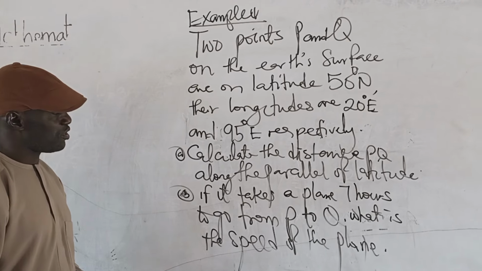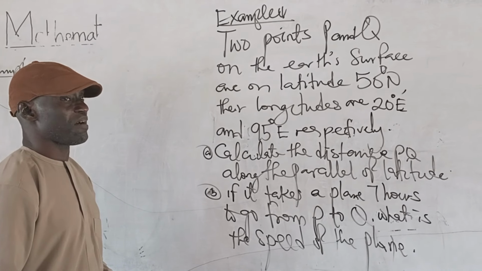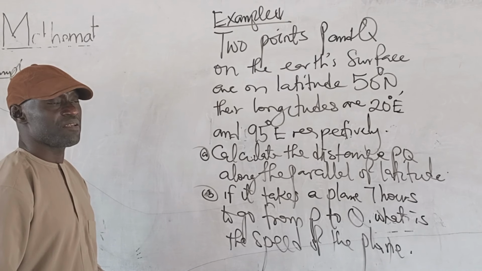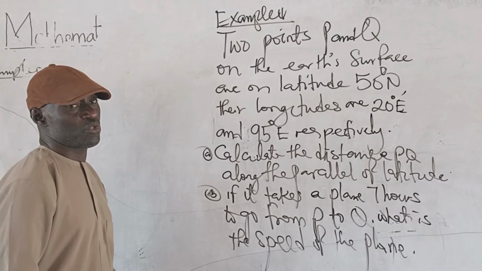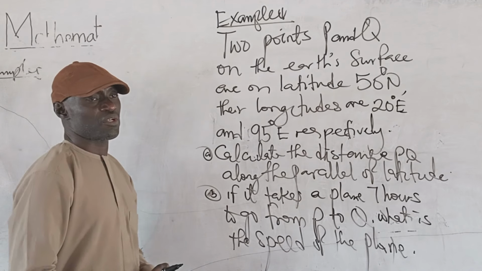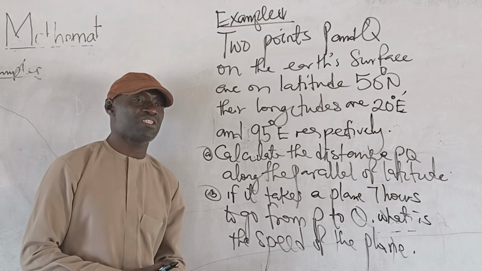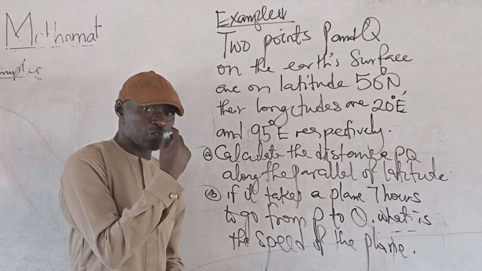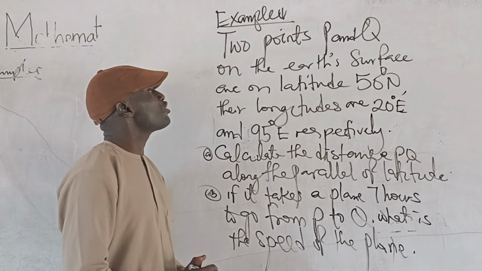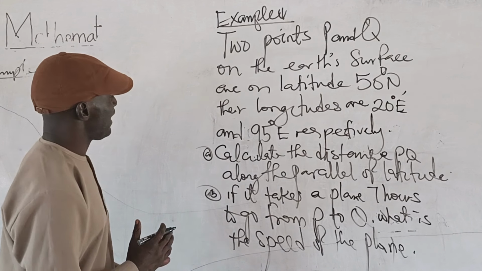This question 4B is talking about the fifth formula that was given to you, which is speed equals distance over time. So what to do now is to first sketch.